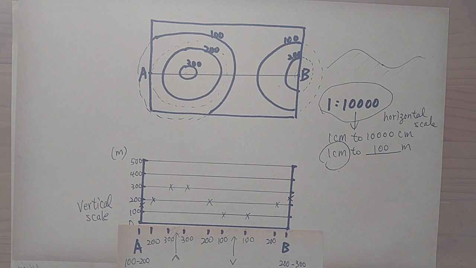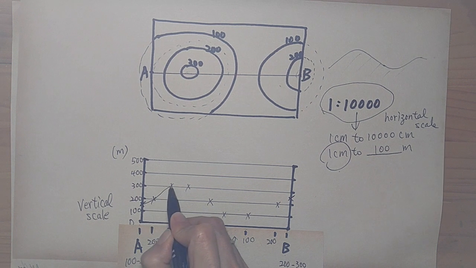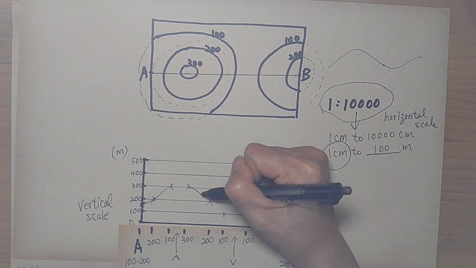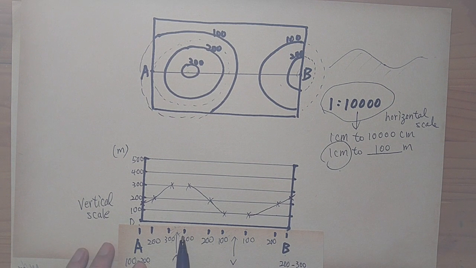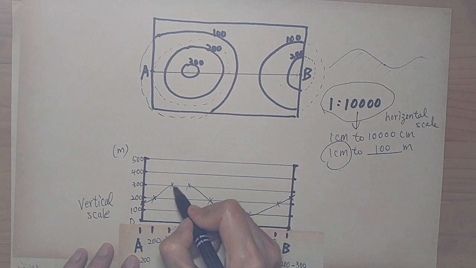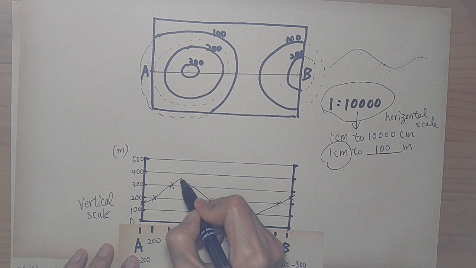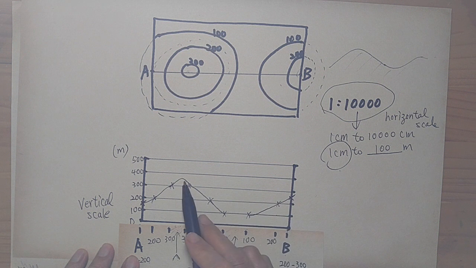Now I try to just use a curve to join the points. So use free hand again. Don't use ruler. And then join the points here. This one. This one. But now, make sure that this is the top of the mountain. So it's 300, 300, and then this space is over 300. So you just draw it this way, okay? It should be below 400, between 300 and 400.